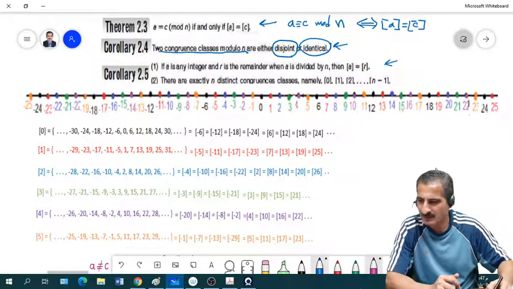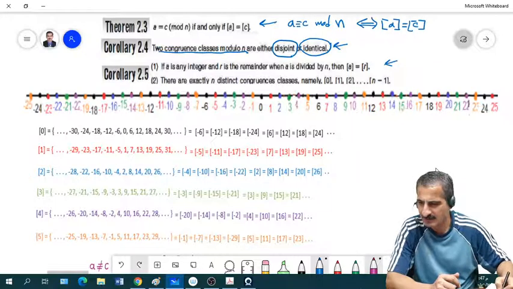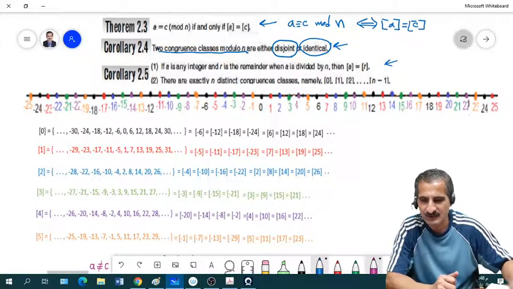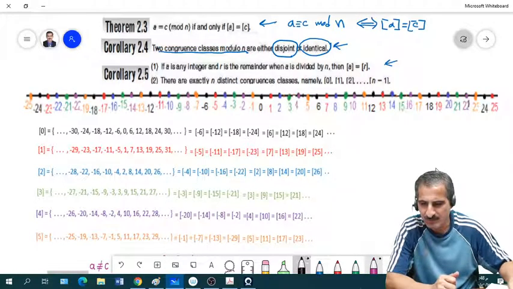Now, in here, this gives all the equivalence classes modulo 6. So for this line, we are working modulo 6.